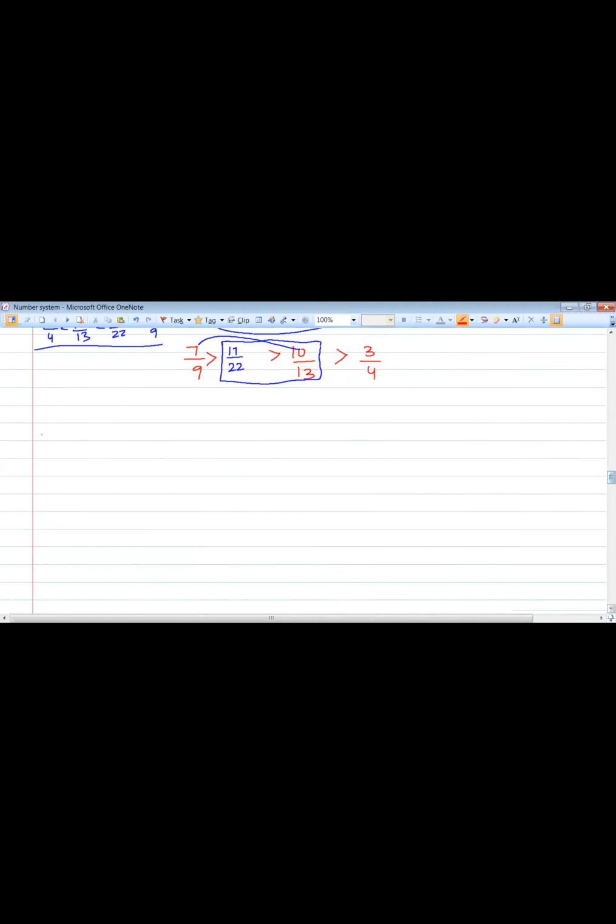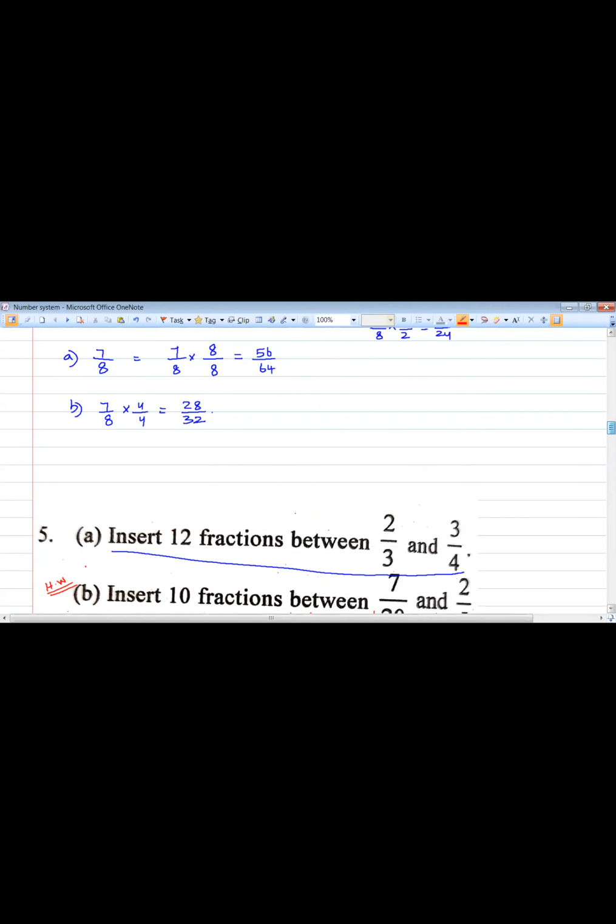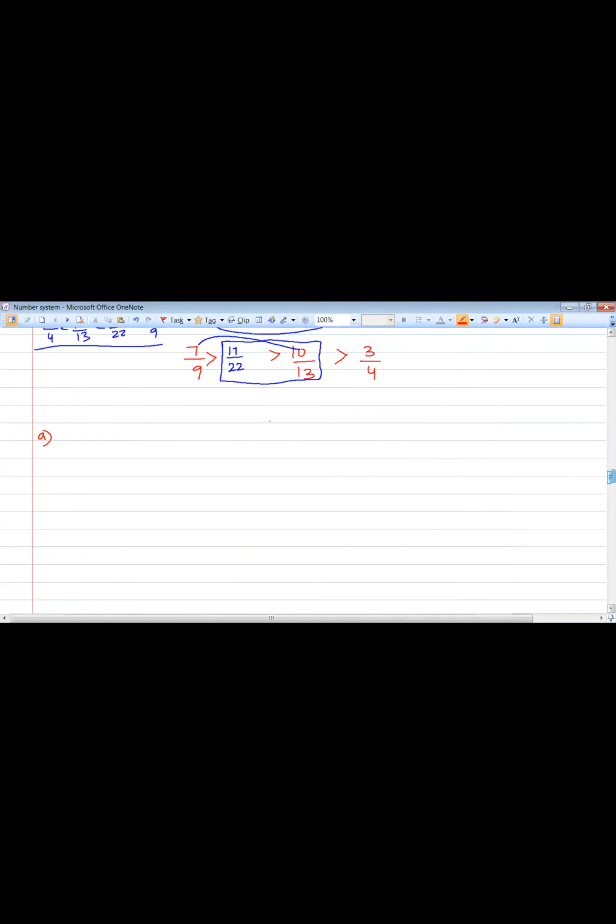First, question number A, what is that number? 2 by 3 and 3 by 4. Okay. Insert 12 fractions.